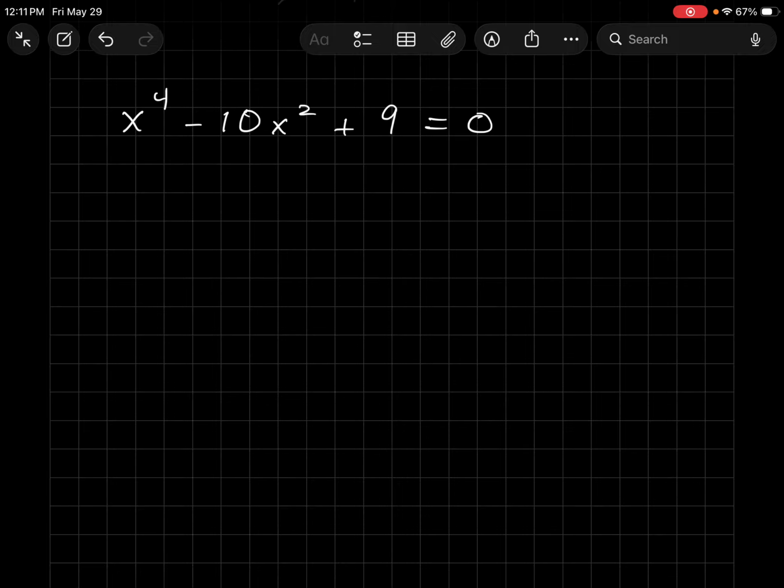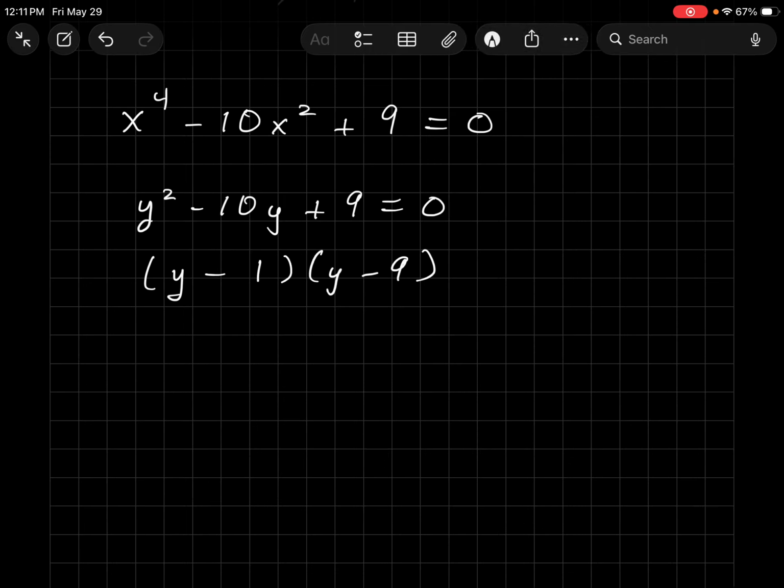But do you notice a structure? What if we wanted to solve the equation y squared minus 10y plus 9 equals 0? Could you do that? Hopefully you could. You could say something like y minus 1 times y minus 9 equals 0.